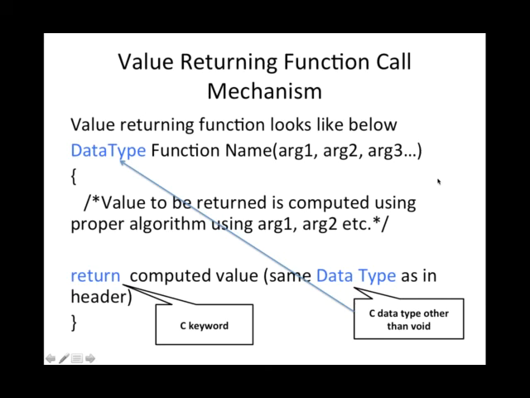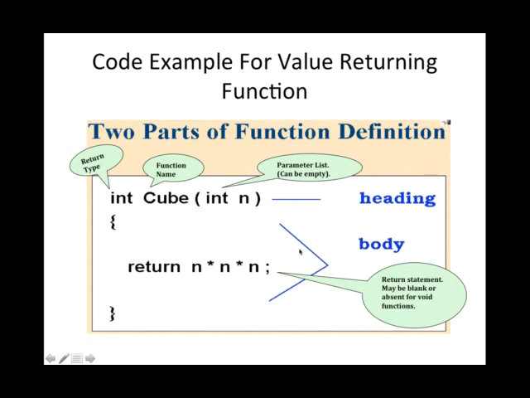Okay, that's the formal description. The code example is here. Let's say we write a function that cubes the value passed to it. So the first word will be the return type, which has to be other than void. Then the function name, which is a user-chosen name. Then the parameter list, which says that this n is int type.